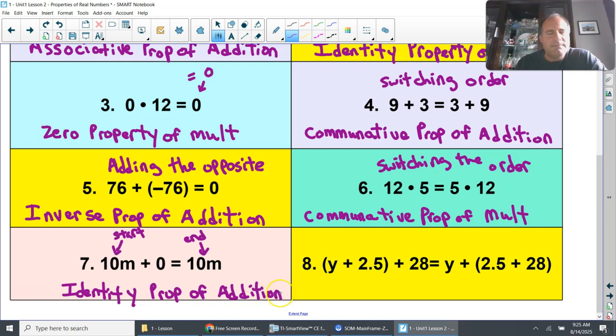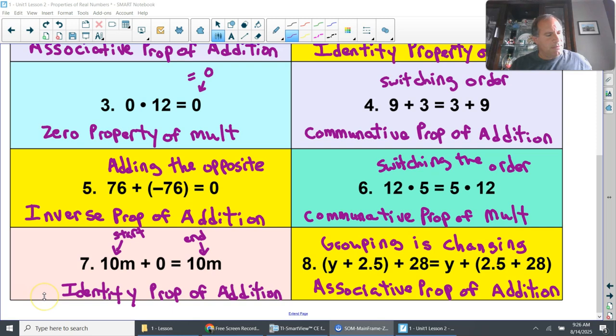A lot of times people forget number 8. Just remember, when we're talking about a grouping changing, the grouping is changing. If the grouping is changing, we're talking about associative property. And that is it.